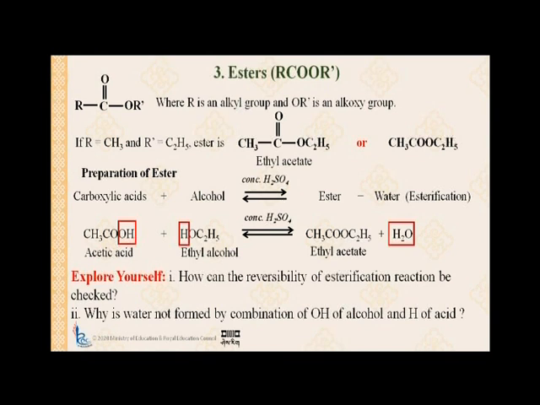There is also a possibility of the OH of the alcohol and the H of the acid combining to give you water, but this is not happening. So I want you to find out why the OH of the alcohol and the H of the acid are not combining in this reaction to give water. These are the two questions I want you to explore further.